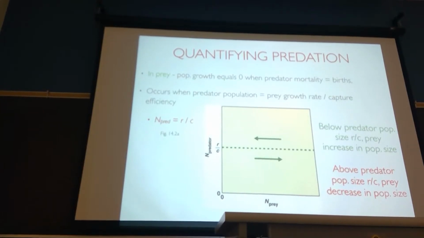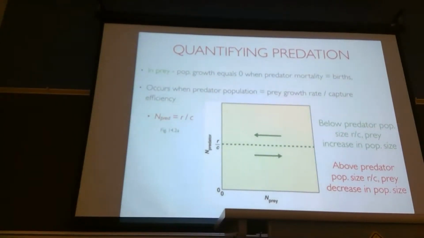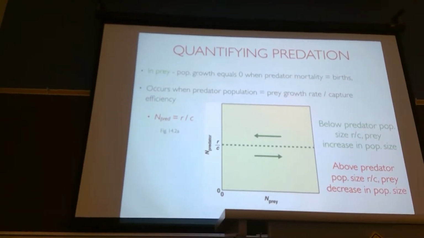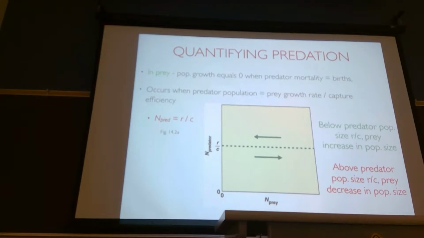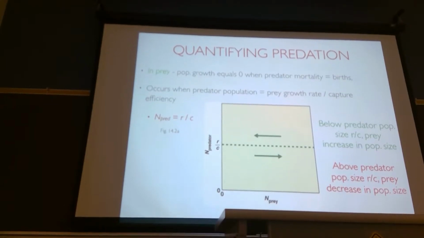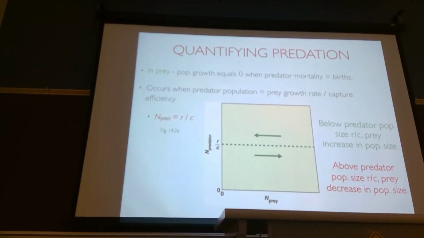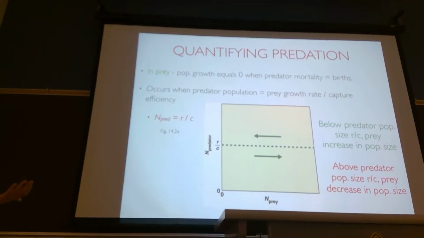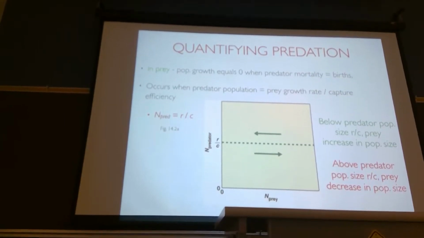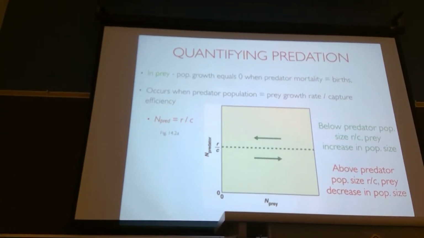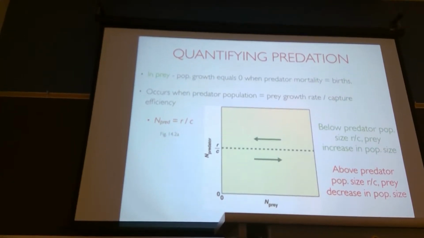So what is the predator population size that is perfect for a given prey species? Well, it will act as a perfect regulation of prey growth when the mortality by the predator equals the birth rate of the prey. At a predator size bigger than that, they'll eat too many prey and the prey population will decline. At a predator population less than that, the prey population will grow in abundance because fewer are being consumed than are being born.